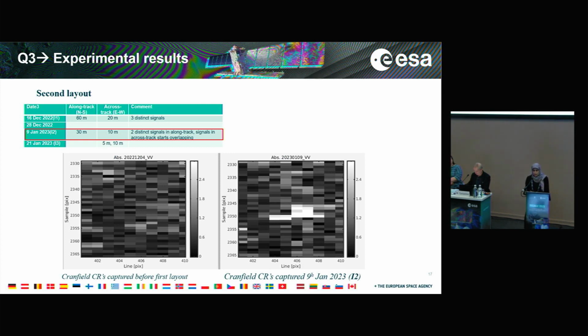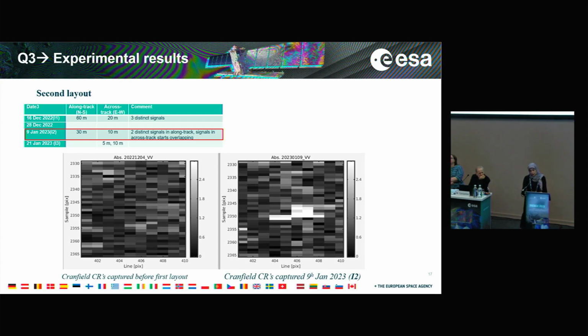In the second layout, we kept the central corner reflector at the same location and decreased the distance of the corner reflector in along track direction to 30 meter, and also put another corner reflector with 10 meter distance from the central corner reflector in across track direction.